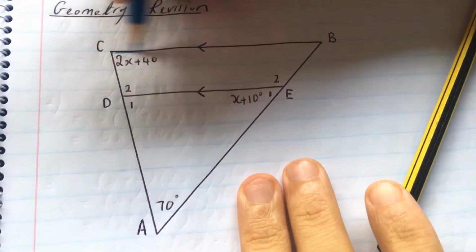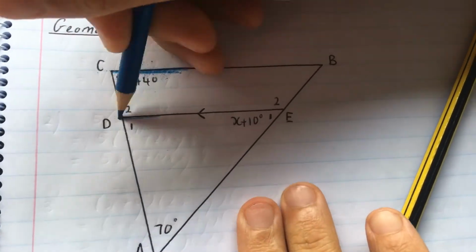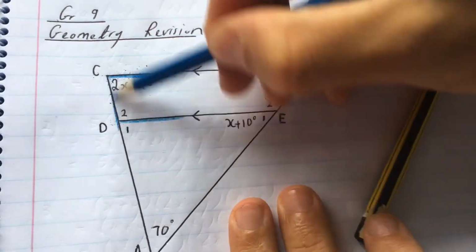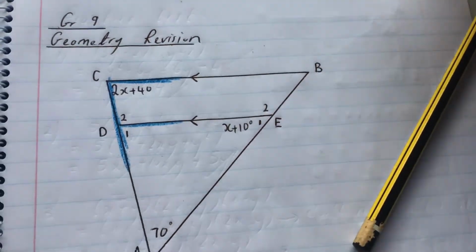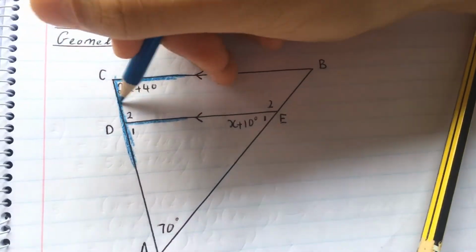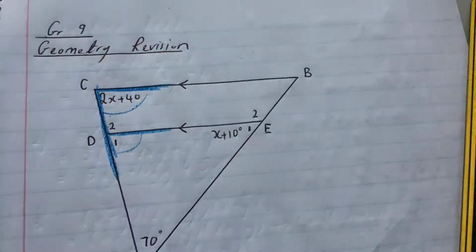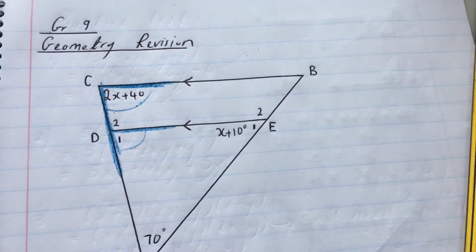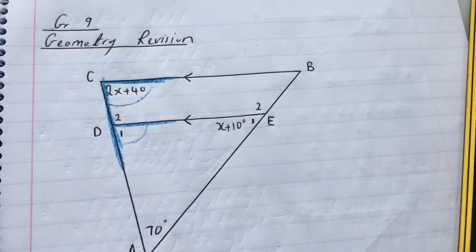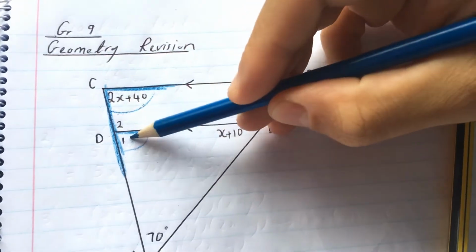I see the F. There's one arm of the F, one arm of the F. Do you see the F? So that means that this angle must equal this angle. So I know that that must equal that.